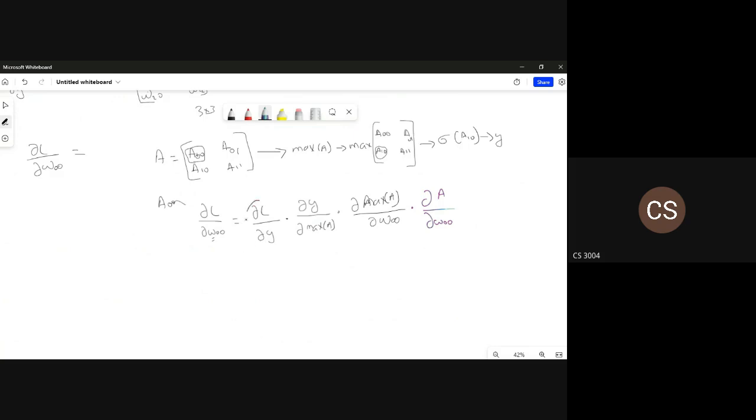Here the quantity is given, and since max of A is a single term, you can simply replace it. If it were a max pooling layer, then we would have to compute for all 4 terms.